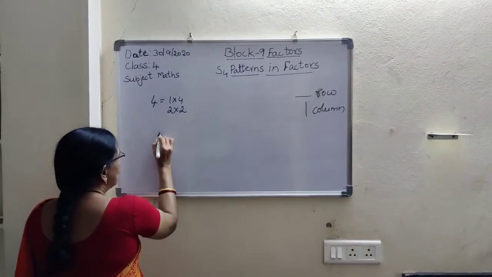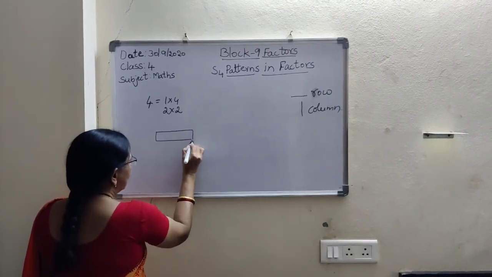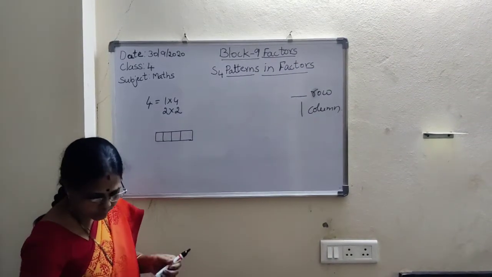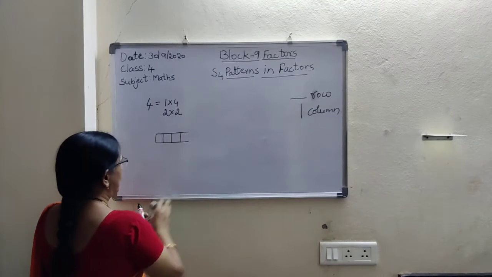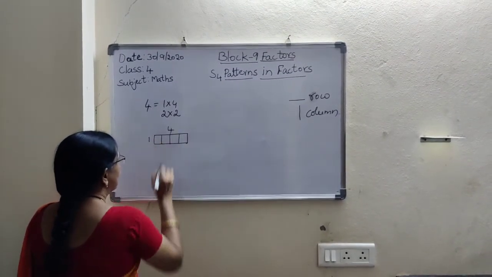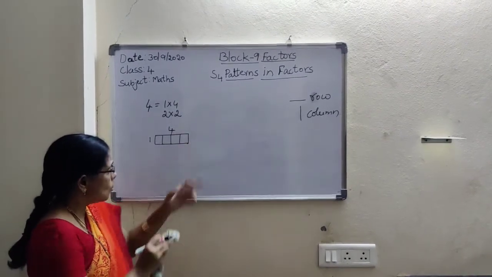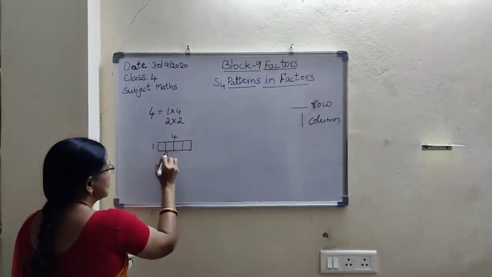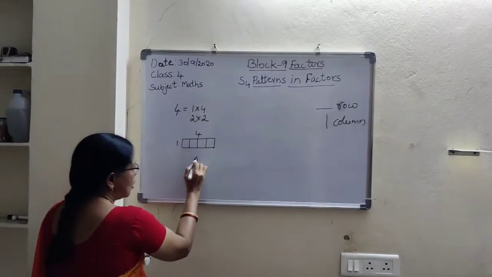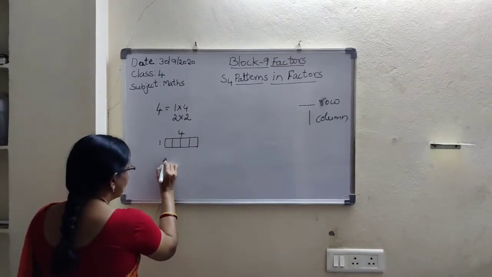See, 1 into 4 here. 1, 2, 3, 4. Here 1, 4. That means one row and 4 columns, 4 boxes. 1 into 4. Row, column. Okay, next 2 into 2.